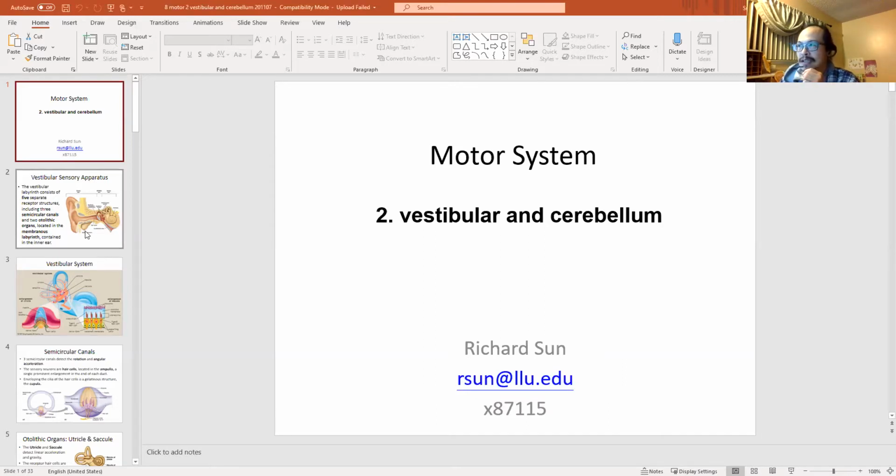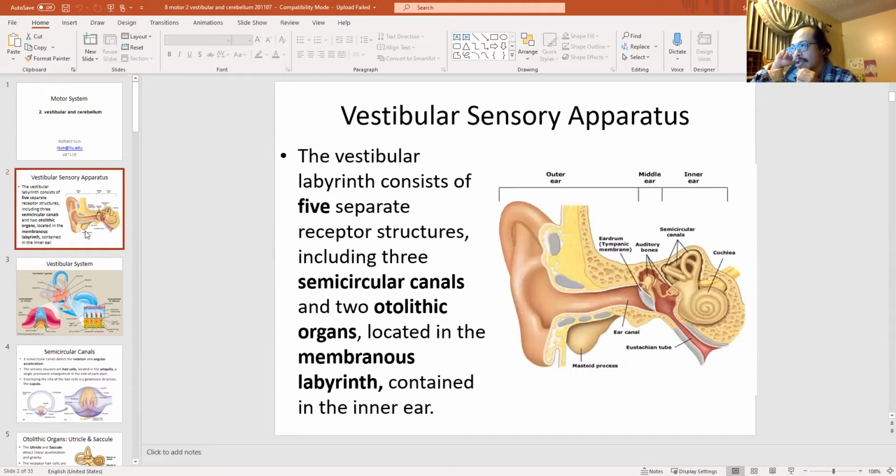So first is the vestibular. Here is the vestibular sensory system, or the vestibular sensory apparatus. The location is in the inner ear. You probably have some idea about this inner ear anatomy. Basically this is the outer ear, and the sound wave enters the middle ear, which transduces that sound wave in the air to a mechanical wave through these bones, and then enters into this chamber.